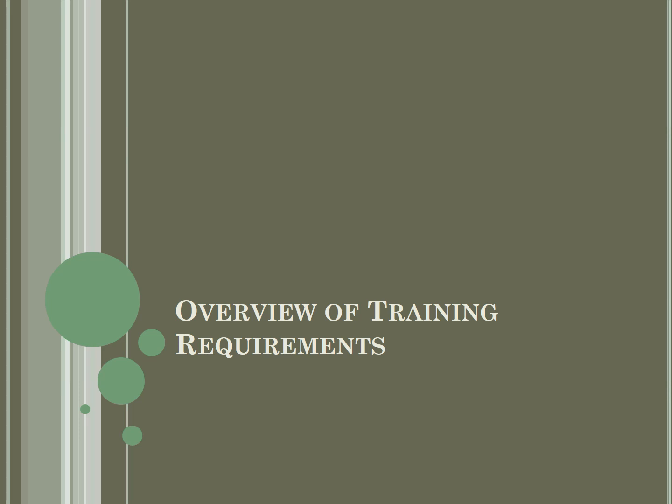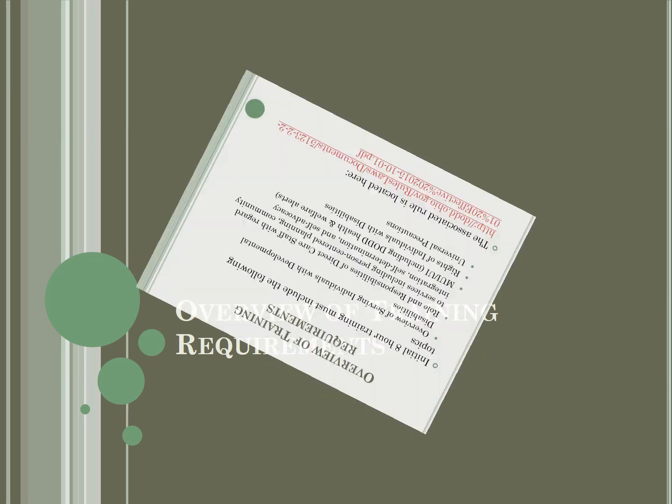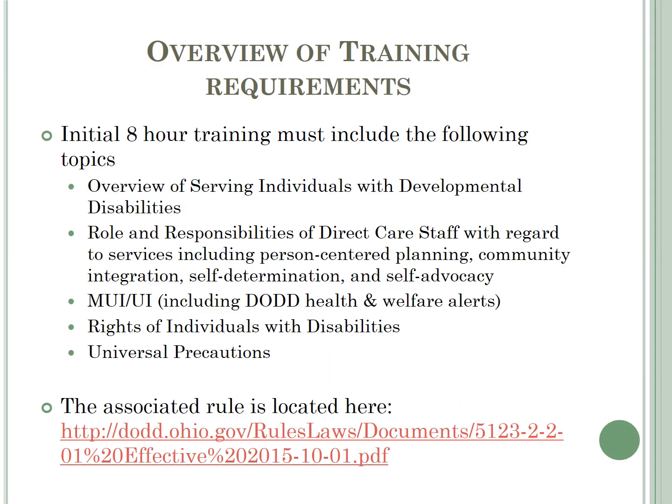An overview of training requirements. So when staff first start with your agency, they will need to have 8 hours of initial training before they work with individuals with disabilities.